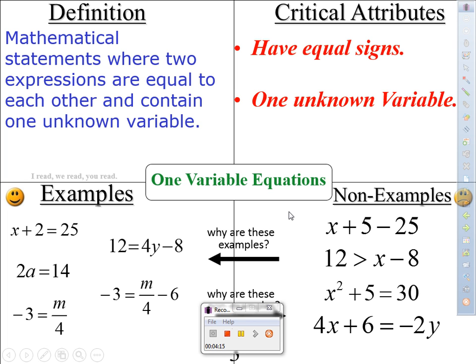I gave you guys 4 key words. Remember, the first one was simplify, isolate, plot, check. Simplify each side of the equation, isolate the variable, plot your solution, check your solution. Copy that, please.